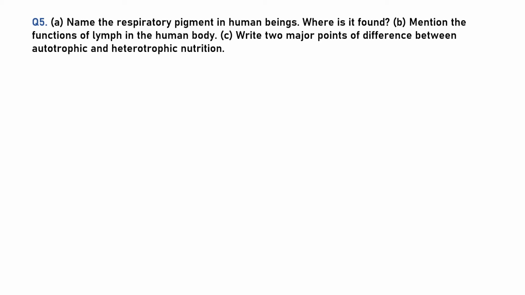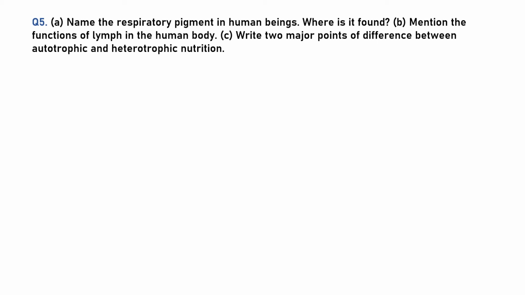Now, mention the functions of lymph in the human body. As I told you, lymph has lymphocytes, so definitely it is responsible to kill germs. So, indirectly or directly, they are responsible for the immunity of a body. Then, lymph collects the interstitial fluid.